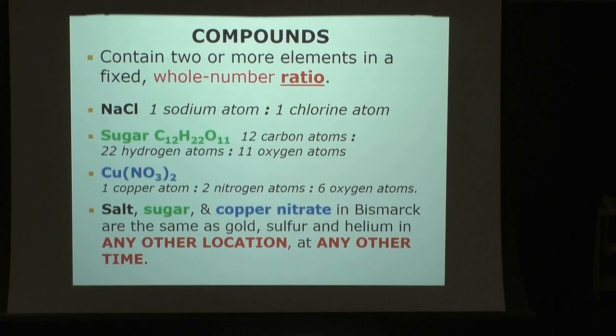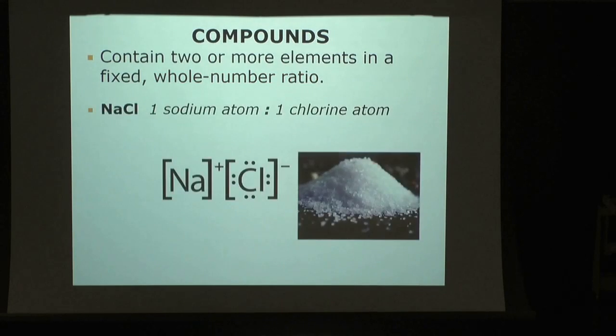If you're going to cut that single molecule of sugar and make it something smaller, it requires a chemical reaction. You must make something else. So in its fundamental unit, this is the ratio of each of those atoms. So compounds, if you're going to break a compound into something smaller, it requires a chemical reaction.